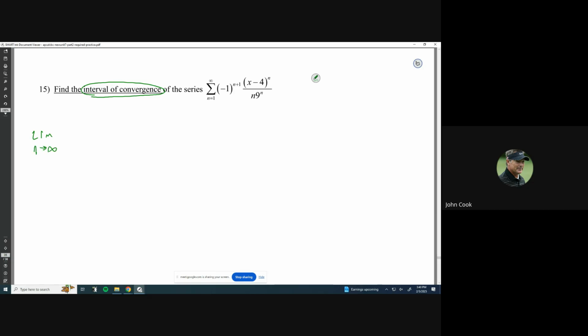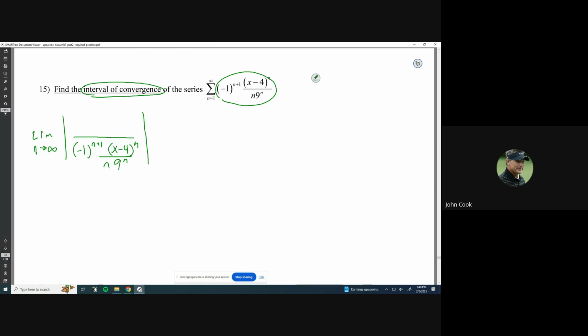So limit as n goes to infinity, absolute value of the ratio. You use the original sequence in the denominator: -1 to the n plus 1, then x minus 4 to the power of n over n times 9 to the power of n. And then you do that same exact sequence, but wherever you see an n, it becomes n plus 1.